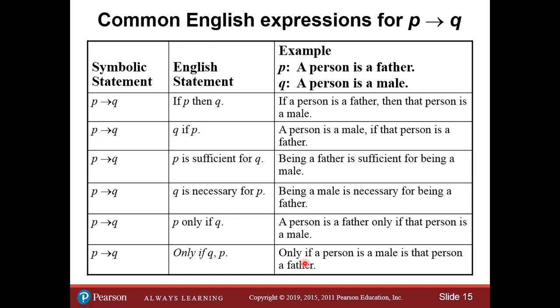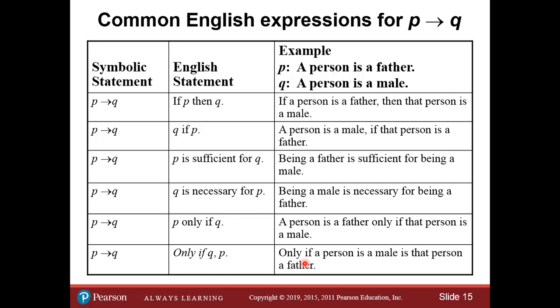So in this case here, we're saying, hey, P is sufficient for being a male, which means if you're a father, then it's sufficient for being a male. But if I say Q is necessary for P, which means that in order to be a father, I have to first be a male, right?